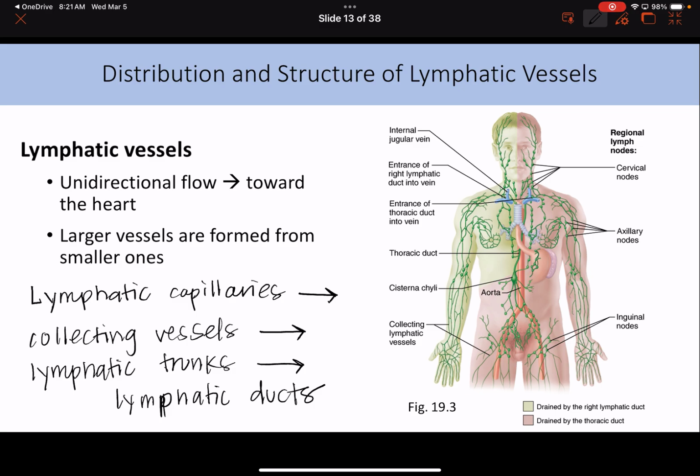And this is not like blood vessels. You're not going to have to memorize every single name of every single lymphatic capillary or vessel. Just know the order in general, from capillaries to vessels to trunks, then to ducts.